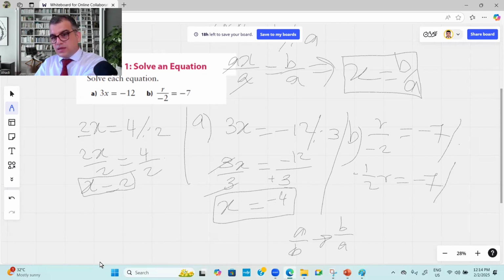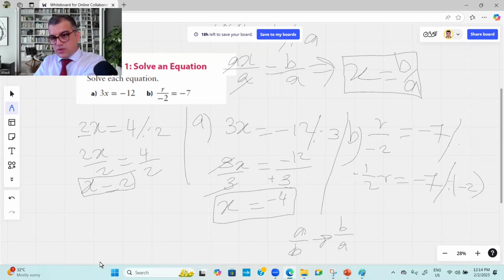Then multiply both sides by the multiplicative inverse of a. The multiplicative inverse says minus 2. Then both sides we divide by minus 2.